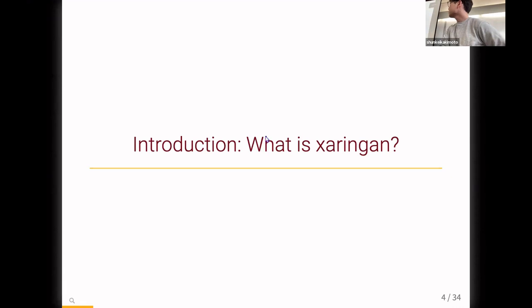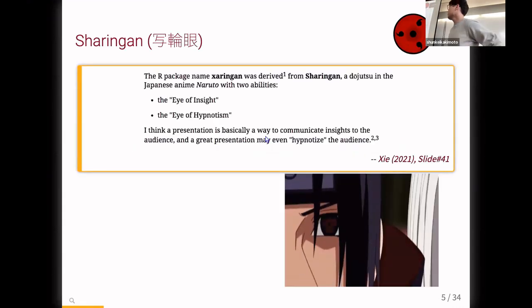So what is Xaringan? It's pretty funny because the name Xaringan comes from the famous Japanese anime Naruto, which is a famous anime about ninjas with special power. And unfortunately, I'm not the stereotypical Japanese person.